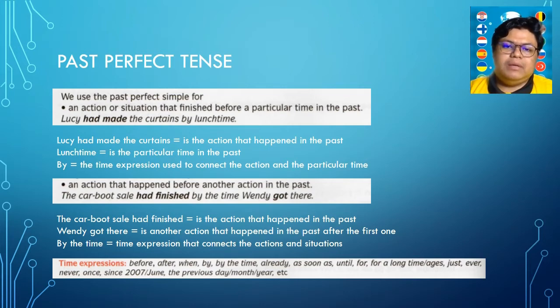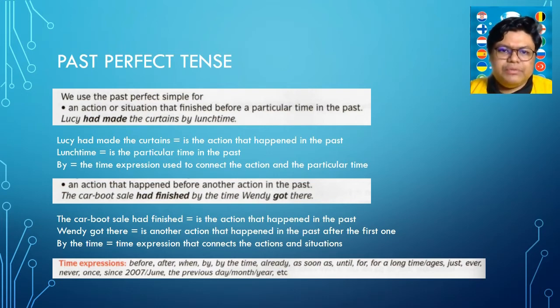Okay, apa kita cakap tentang action tu berlaku in the past dan action tu tamat sebelum sampai satu masa. Okay, macam contohnya, Lucy had made the curtains by lunchtime. Lunchtime tu adalah dia punya masa tu. Okay, the point of time. Okay, and Lucy had made the curtain tu adalah actionnya.